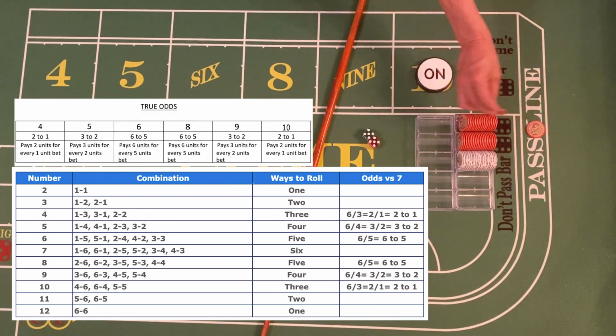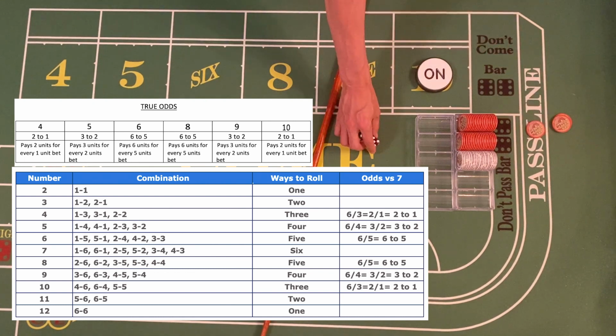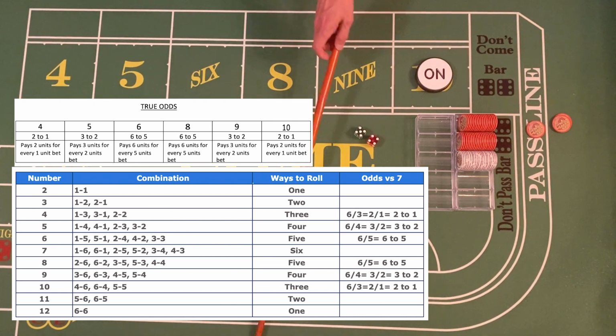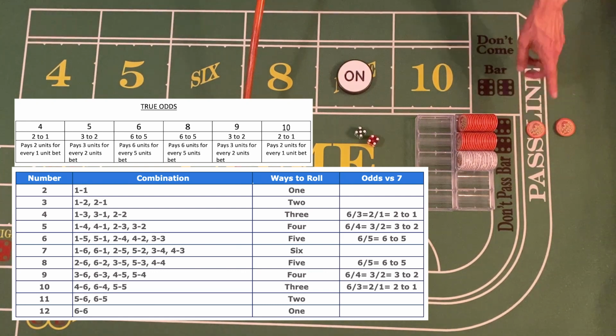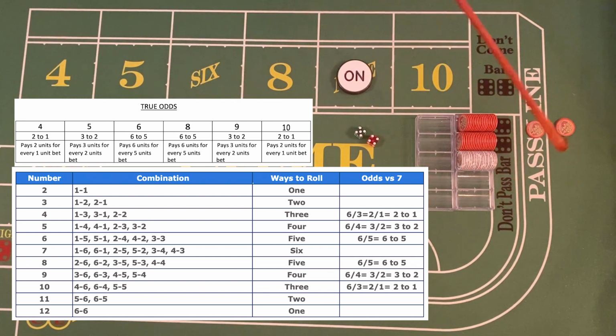All right, now let's say, for example, the point was, we'll say 9. We're just gonna go down the line here. So say the point is 9. Now again, this back bet behind it is taking odds, it pays its true odds.